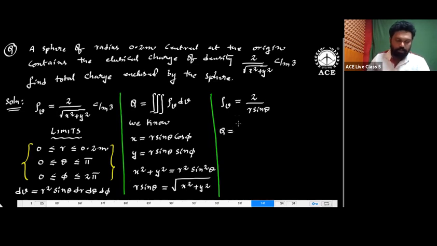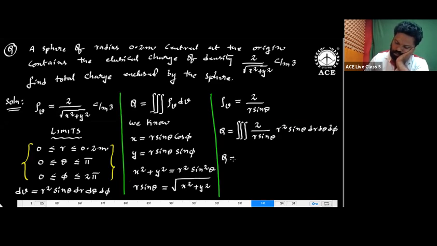So what is the total charge? The total charge is the volume integral of 2 by r sin theta into the differential volume. What is the differential volume? r square sin theta dr d theta d phi.